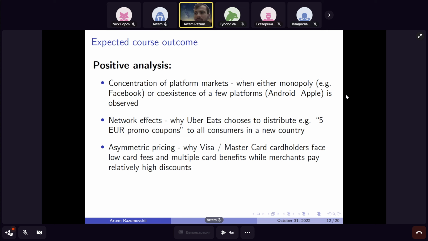But in real life, normally the prices are different for one side and for the other side. We will consider several models and understand why it may happen.